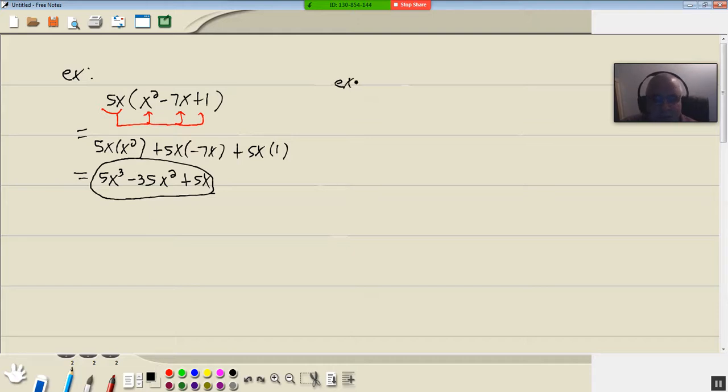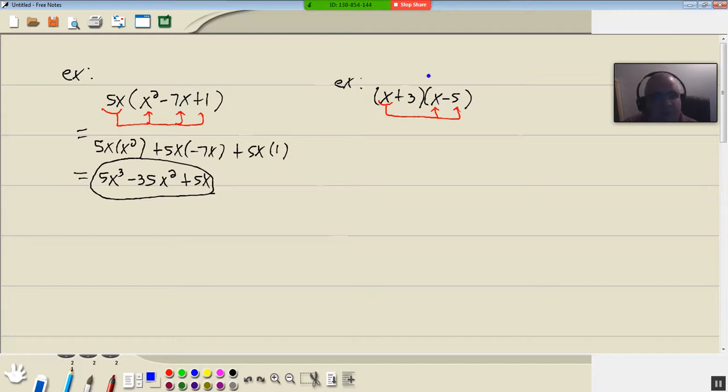But if you have a problem that looks like this, x plus 3 times x minus 5, we no longer have a single term out in front. We got two terms here. Remember, terms are separated by pluses and minuses. So what we do is we take our first term, this x, we'll multiply it times each term in our second set of parentheses.